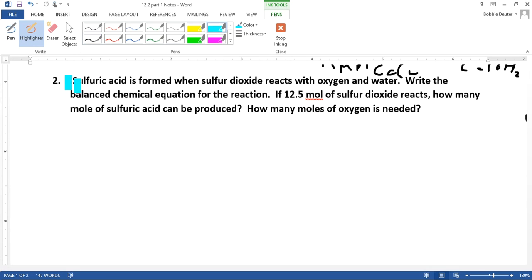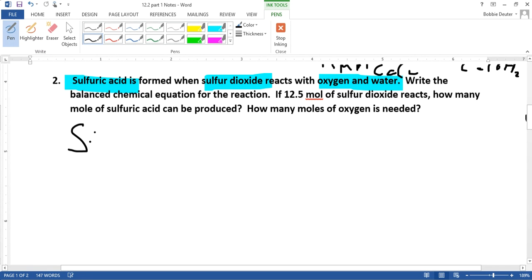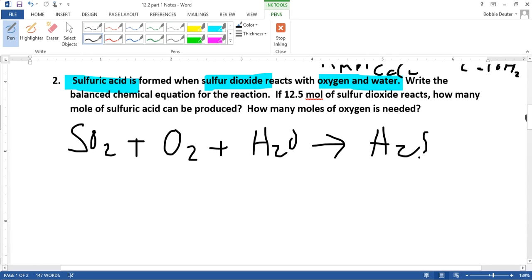Again, find out what we have. It reacts with water to form sulfuric acid. So let's write a balanced chemical equation: SO2 plus oxygen plus H2O produces H2SO4. We need to balance this chemical equation.